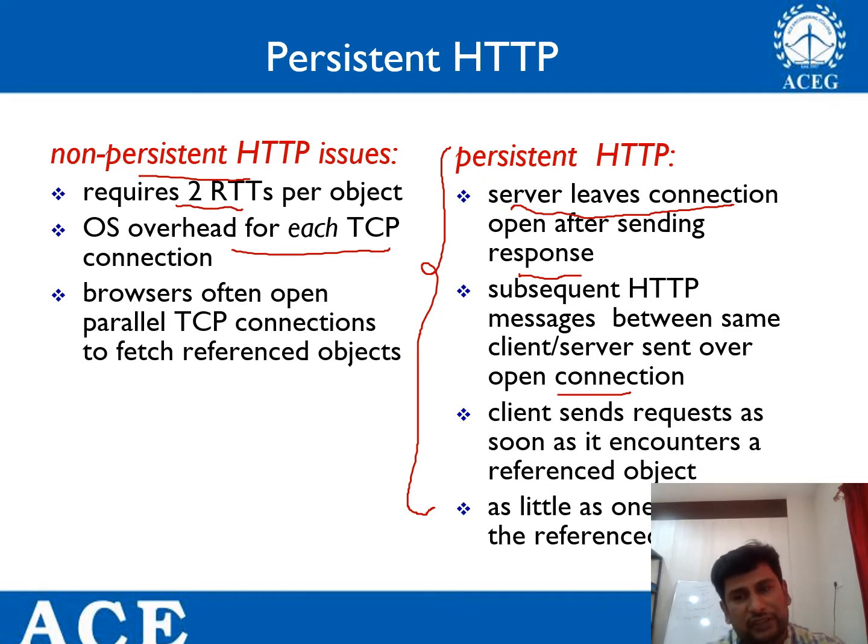Since the connection is open, all the object requests by the HTTP client can be sent, and the HTTP server, on receiving those requests, will respond back with the HTTP responses. The client sends a request as soon as it encounters a referenced object, in as little as one RTT. So here you could find a lot of time saving in the case of persistent connections.